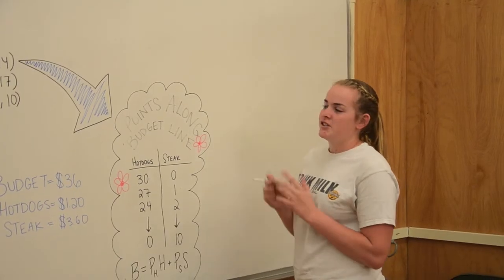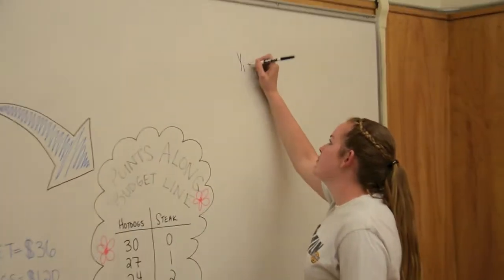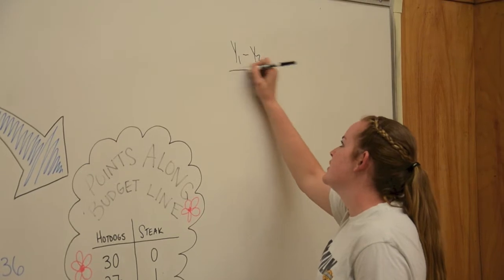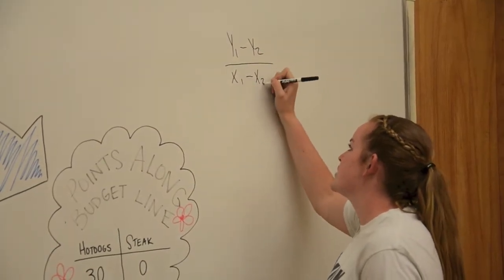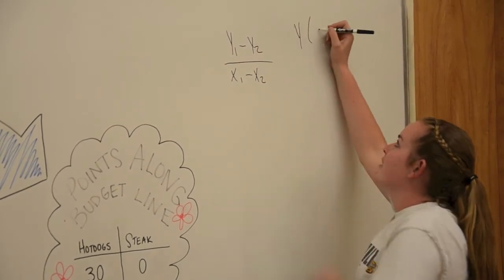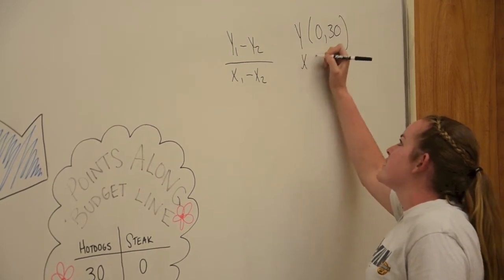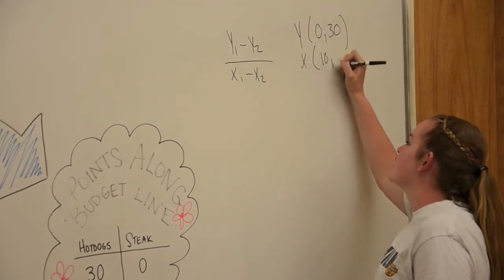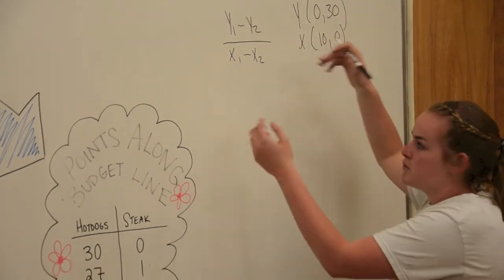Okay, so to find the slope, your formula is y1 minus y2 over x1 minus x2. Your y-intercept points are 0, 30, and your x-intercept points are 10, 0. So then you plug in to the formula.